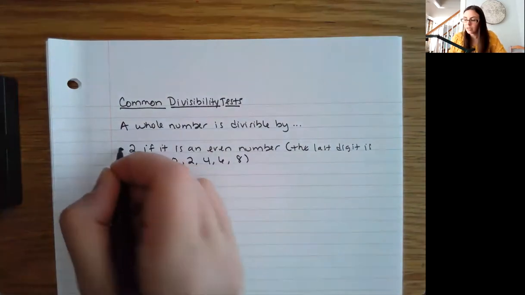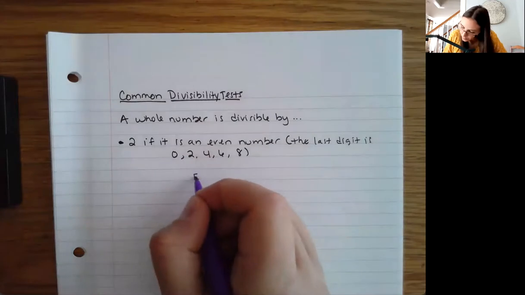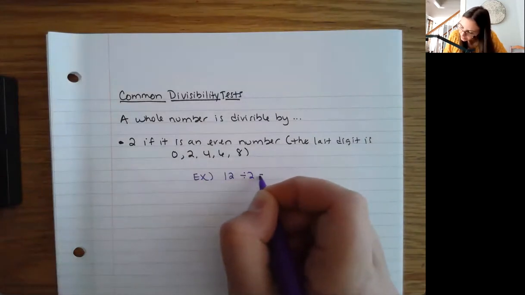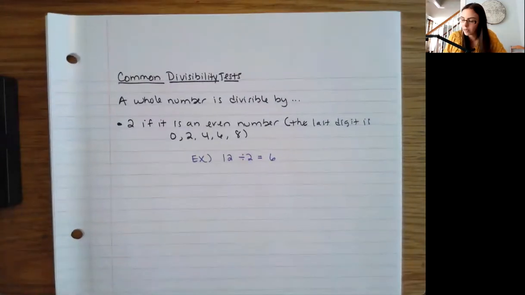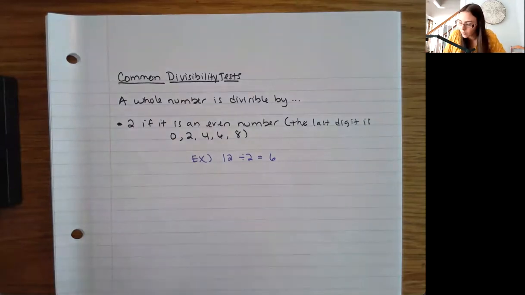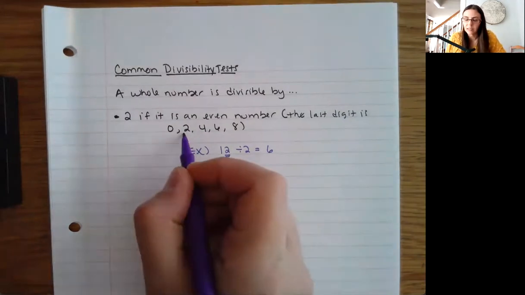Okay. So if you have an even number, for instance, let's say I have the number 12. 12 divided by 2 will always come out nice and even for our answer, and give us 6. So not even as an even number, but it will come out as a nice no remainder answer here. So this is an even number because my last digit is a 2 in this case, so I can divide this by 2.